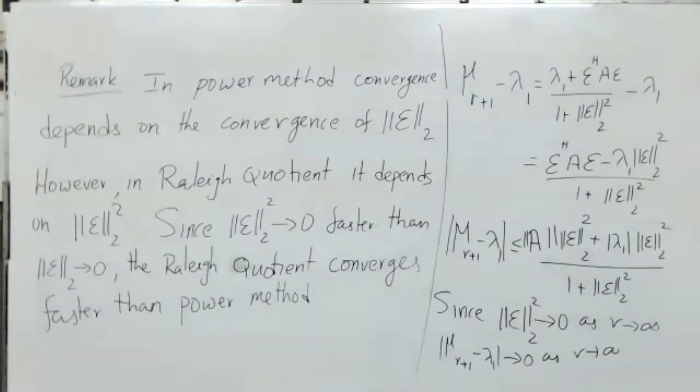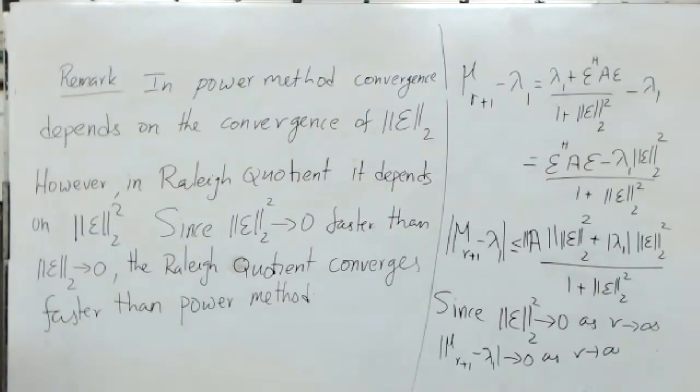In the power method, you determine convergence by using the fact that the absolute value of lambda i over lambda 1 is less than 1, so that to the power r plus 1 goes to 0.